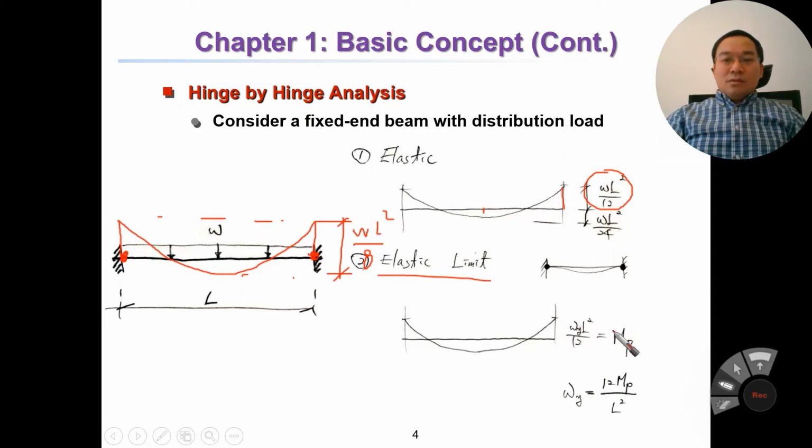Because this is a plastic hinge, it means the moment here is now equal to Mp. Mp means the plastic moment or plastic strength of the section. So now we have Wy L square over 12 equal to Mp.